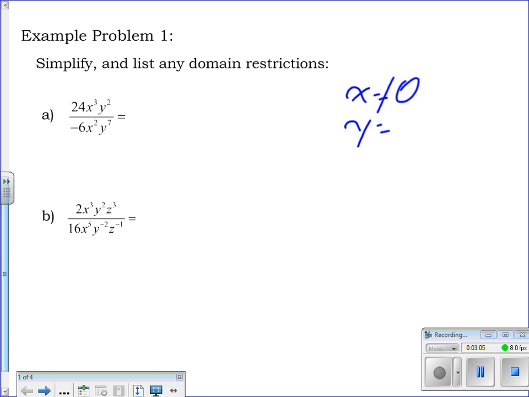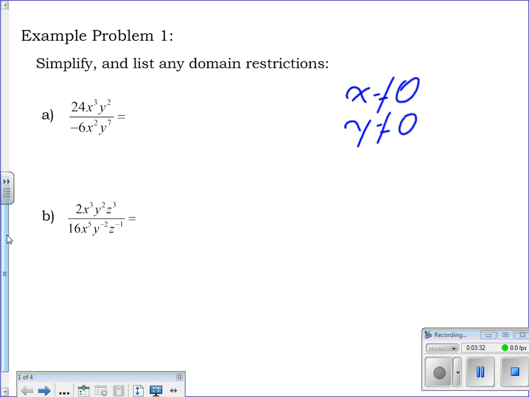I'm not allowed to have 0 in my denominator. It's undefined. Y also cannot be 0. And it's often easier to say what something cannot be than what it can be. With domain restrictions, it's easier to say it can't be 0 than to say it's everything except 0. Does that make sense? Okay.